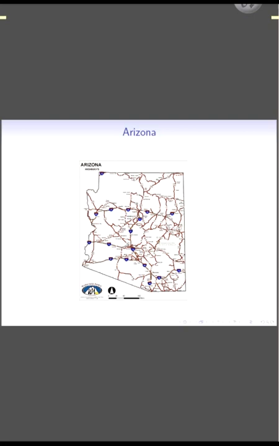But the very first thing that we have to do is figure out at what level of detail we want to model the real world. There's two extremes of modeling. On one extreme, we model every detail about the road network of the state: every little road in every little town, every highway on-ramp and off-ramp, every desert road.